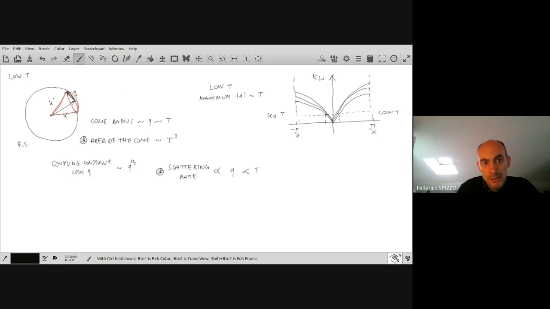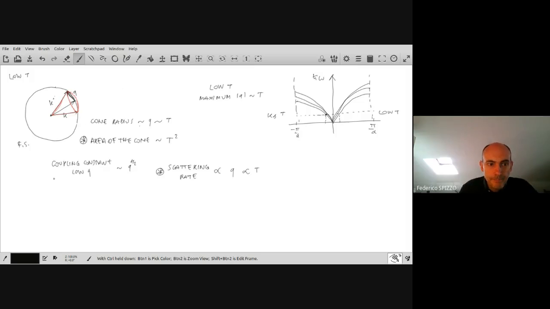So if we change the point over the Fermi sphere where we evaluate this gradient, different points correspond to different orientations. But when the modulus of Q is very small, so when the area of this cone is very small, then the initial and the final velocities will be nearly equal, not just in modulus, but also in direction.